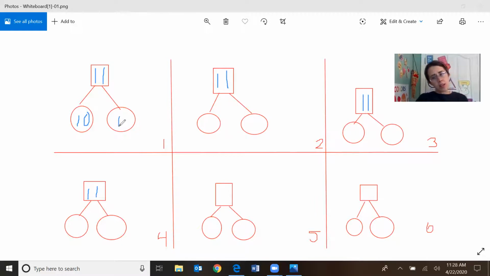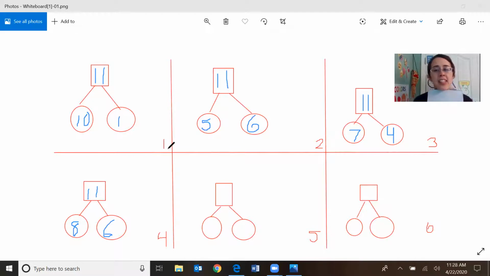I'll choose 10 and 1 for my first number bond, 5 and 6 for the next, 7 and 4 for the third, and 8 and 6 for my last number bond. So which one is incorrect and why?